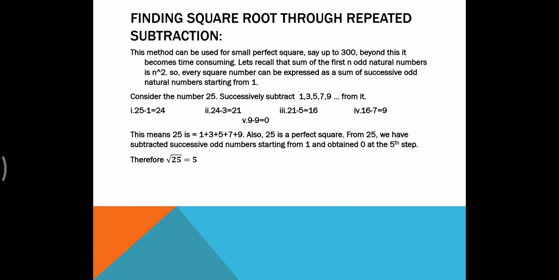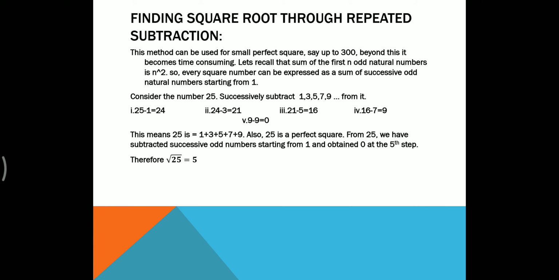Now we move to the third step: 21 minus 5 is equal to 16. Moving to the fourth step, 16 minus 7 is 9. Moving to the fifth step, 9 minus 9 is 0. This means 25 is equal to 1 plus 3 plus 5 plus 7 plus 9.